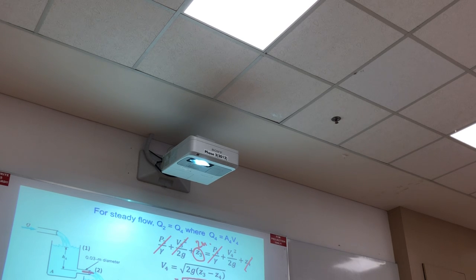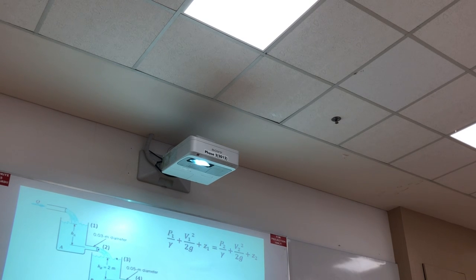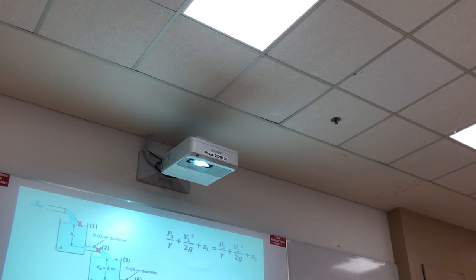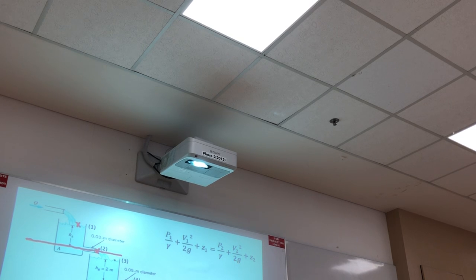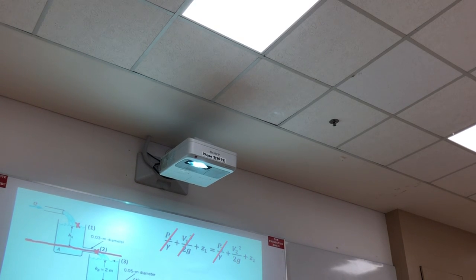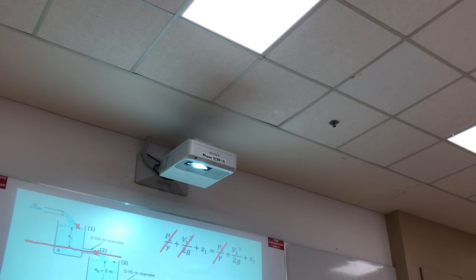Now I'm going to the next slide. When I do my analysis with Bernoulli's equation between 1 and 2, with this as the reference line, I can write P1 by gamma, V1 square by 2g, Z1, equals P2 by gamma, V2 square by 2g, Z2. Then I can cancel V1, Z1 value is HA, Z2 is 0.